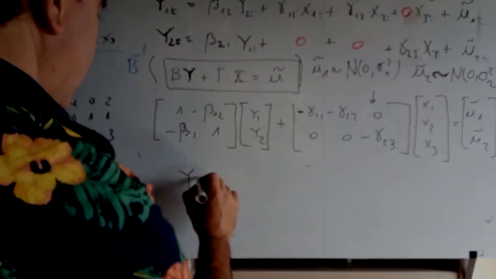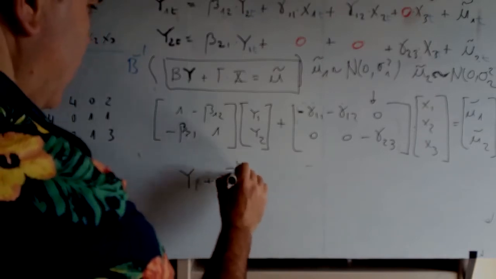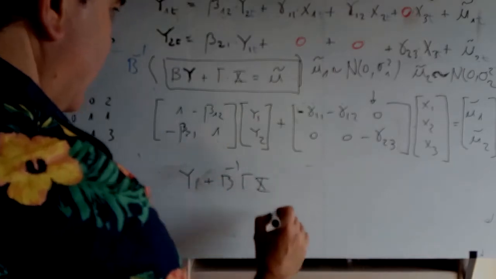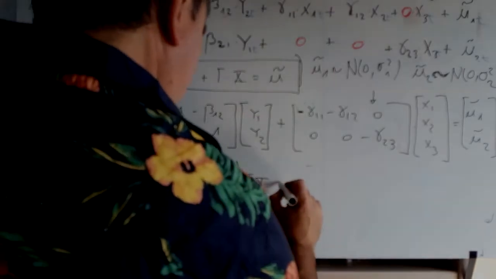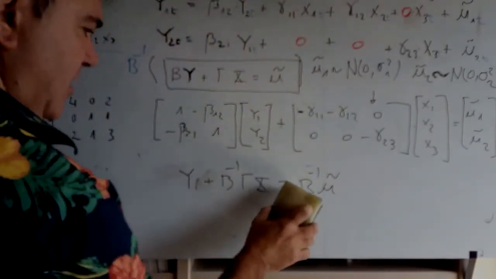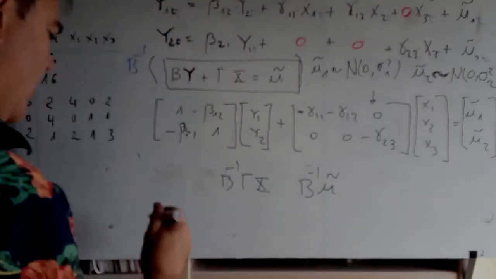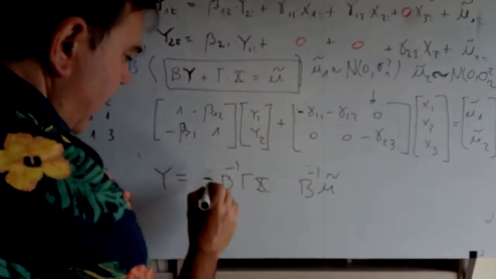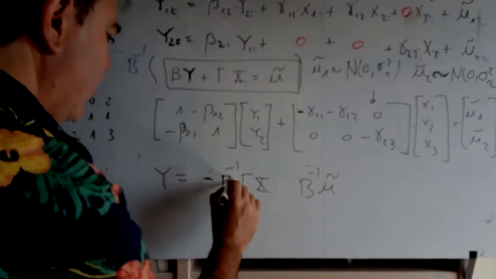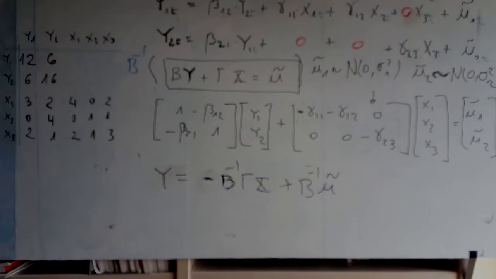What we get here is y plus capital B inverse times capital Gamma times capital X equal to capital B inverse times the error term. And passing this to the other side of the equation, to clear y, y would be minus capital B inverse times Gamma times X plus the error term.